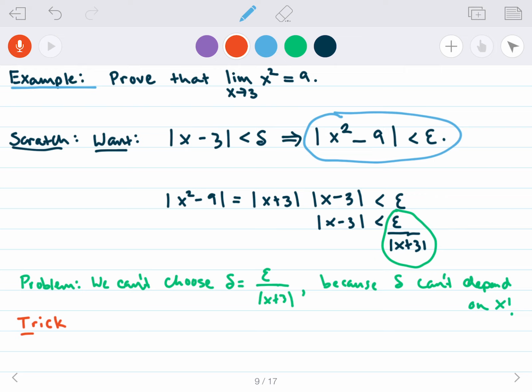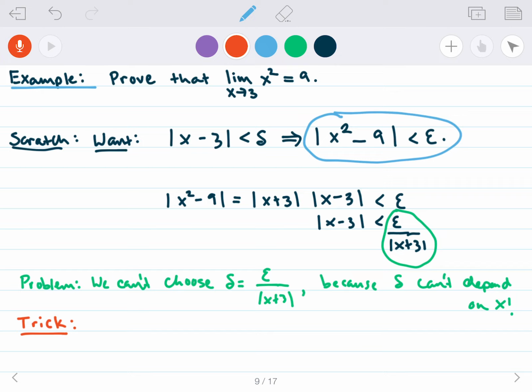The trick is that we're going to choose an arbitrary delta. Like we're going to choose a number. And we're going to show that if you choose delta, that's going to tell you where x needs to live.